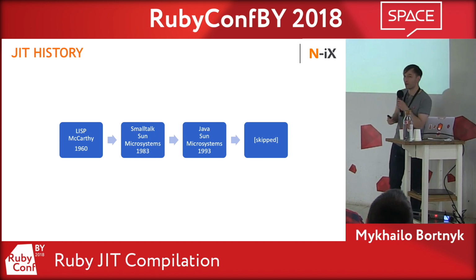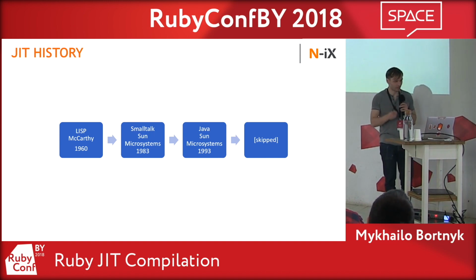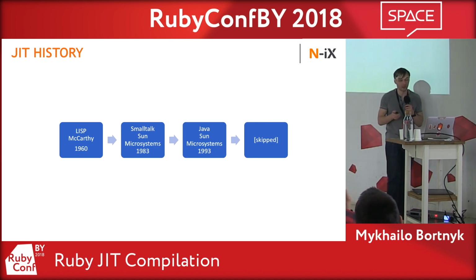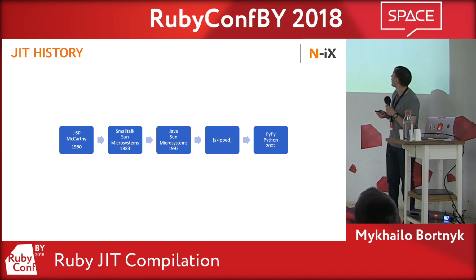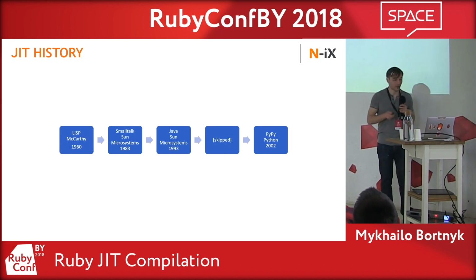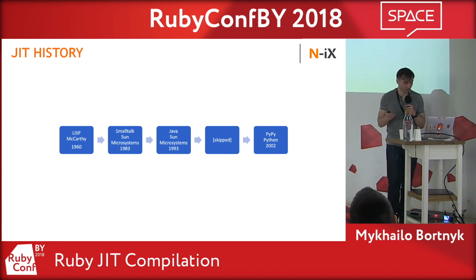Just 2 years after JIT appeared in Java in 1993, Ruby appeared, in 1995. And we skipped some part of history here. After that, PyPy was introduced for Python, and it already had JIT at the very first implementation.